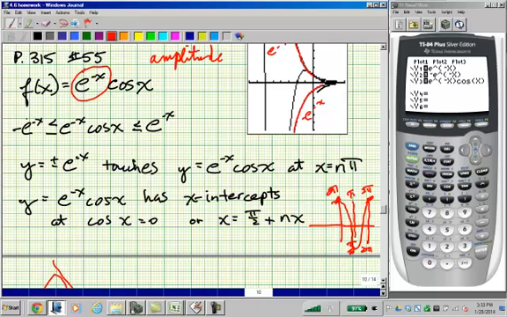We talked about where e to the negative x cosine of x touches plus or minus e to the negative x. And we talked about the x-intercepts for e to the negative x cosine of x. Notice that the x-intercepts are completely unaffected by e to the negative x. They're simply the x-intercepts that cosine of x would always have.